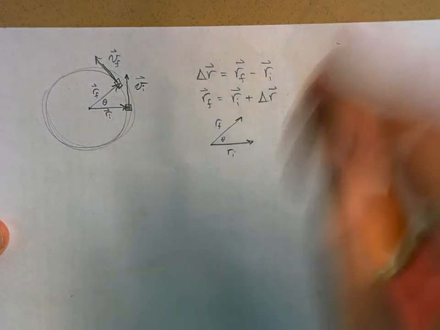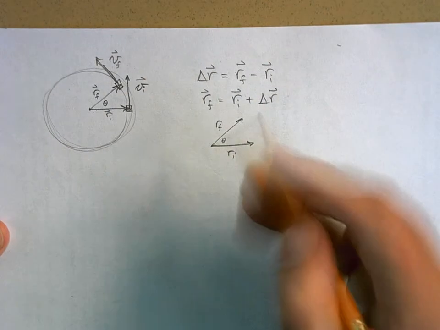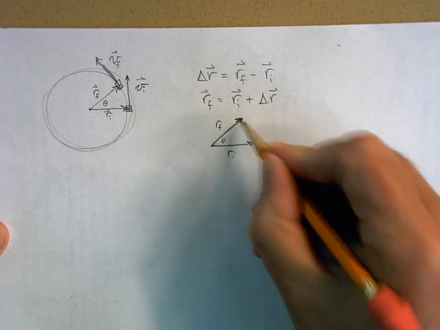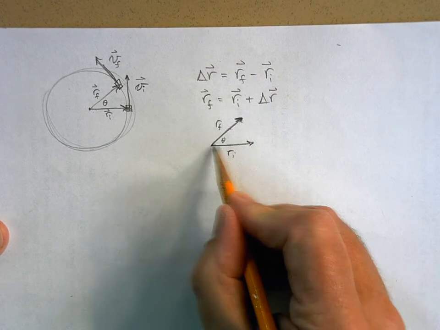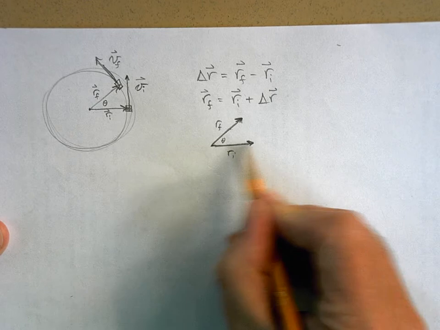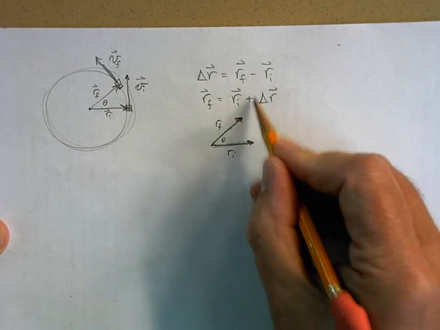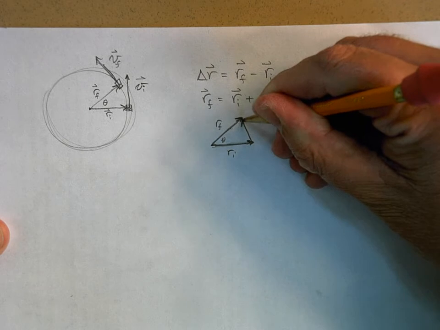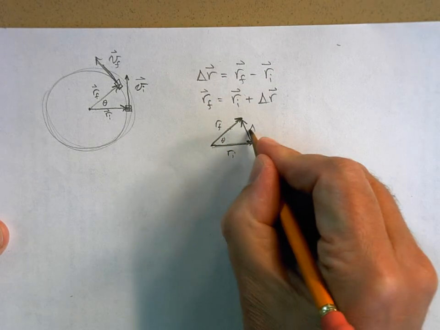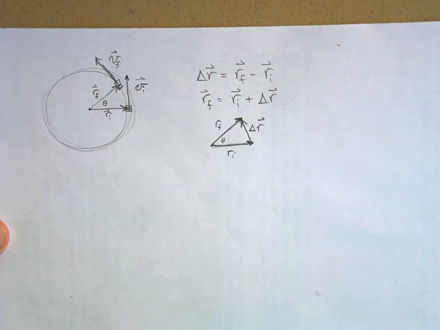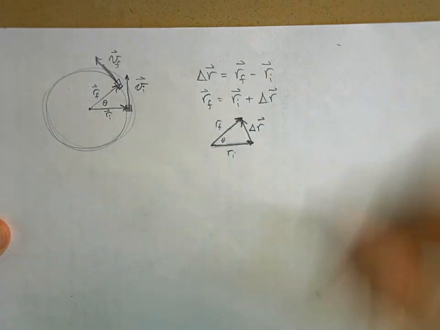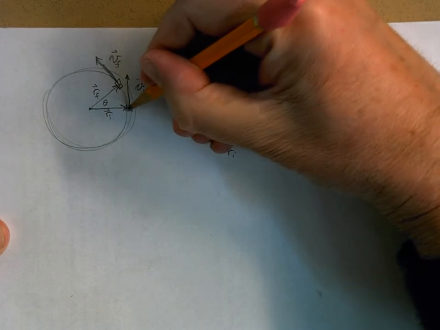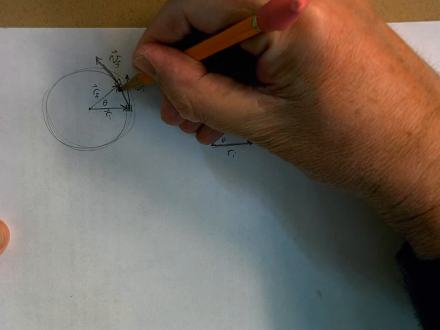And we said that this final position vector is equal to the initial vector plus delta R. So there's delta R. Now if I were to draw delta R up here, the object started here and went over here.